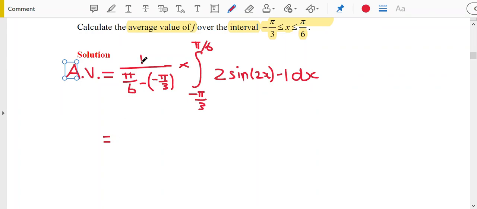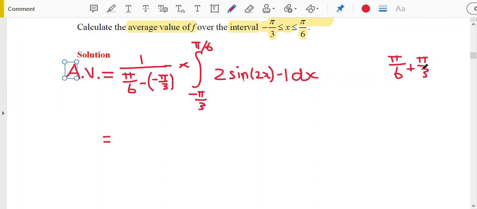So the constant term before the integration ends up being pi over 6 plus pi over 3 because of the double negative. So just out on the far right hand side, it's pi over 6 plus pi over 3.